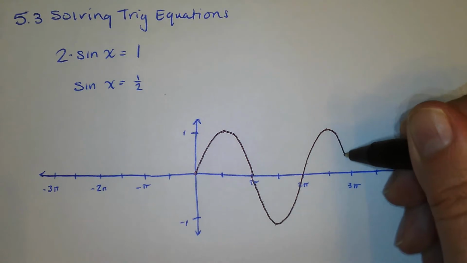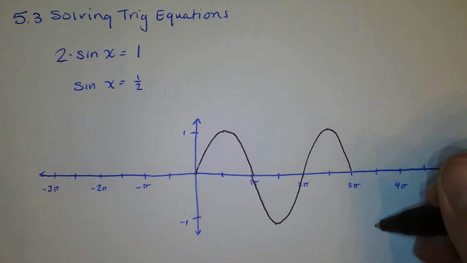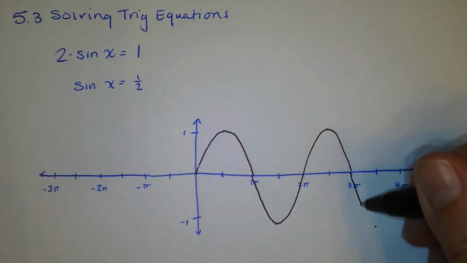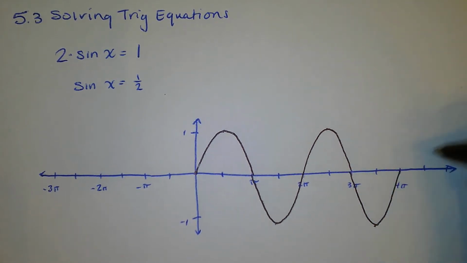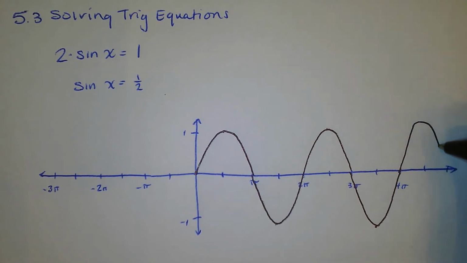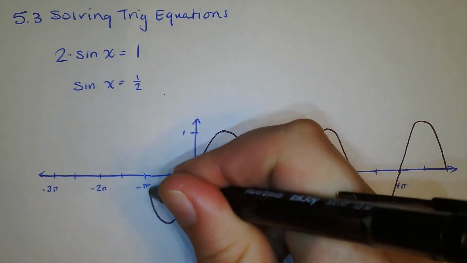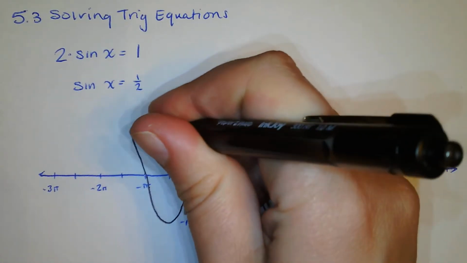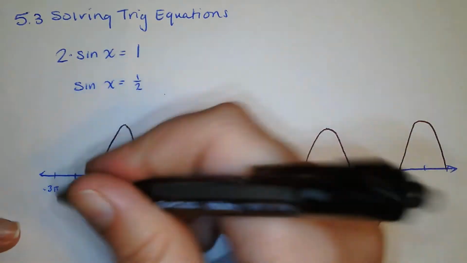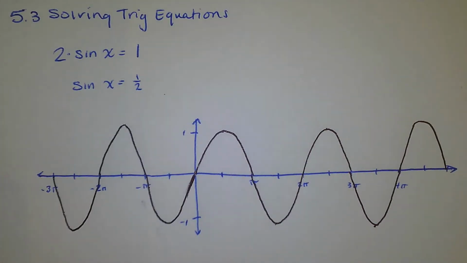And you don't have to draw this curve every time. You can just use your unit circle. But I just want you to understand how many solutions there will be to this. So that's why I'm sketching this out for you. That's not pretty. Okay, whatever.